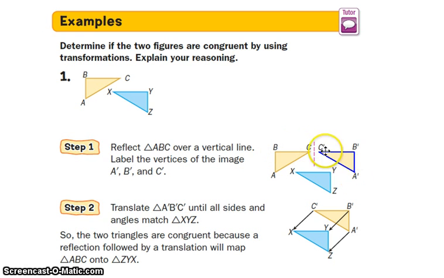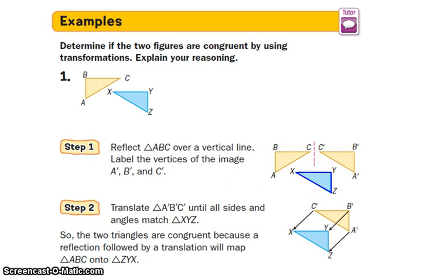Here's A prime, B prime, C prime. Well, in order to finish it, let's take our reflection and let's translate it. Let's slide this down. And does it fit right on top of triangle XYZ? Yes, it does. Therefore, it is congruent. And we proved that by using a reflection and then a translation.